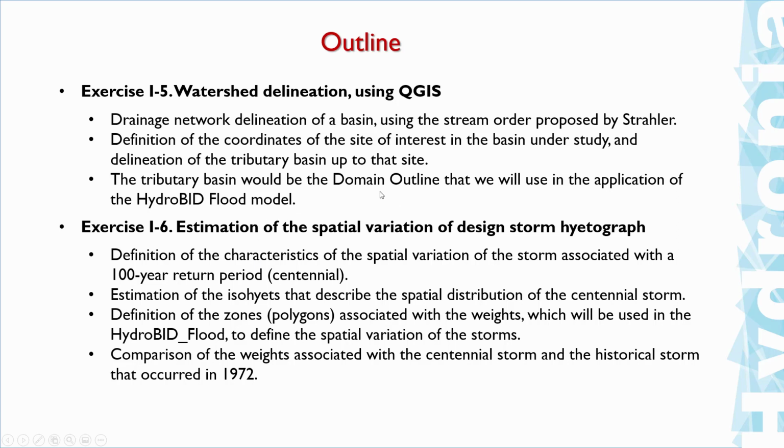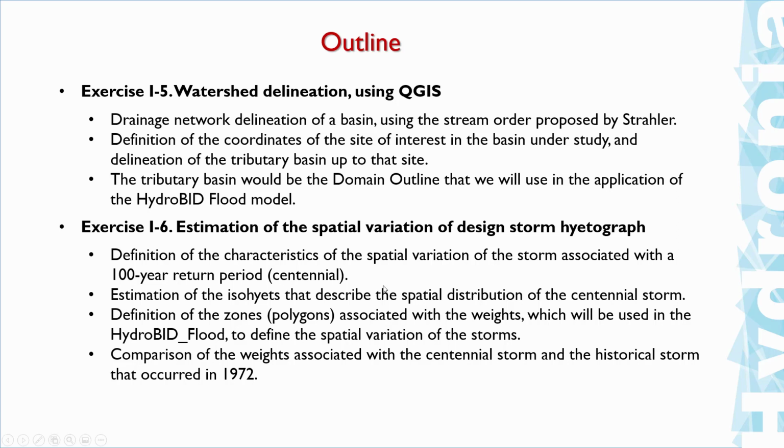Exercise 1.6 is about the estimation of the spatial variation of the design storm hyetograph. This is the most important part of this exercise because that's going to be the meteorological input to the HydroBID Flood model.